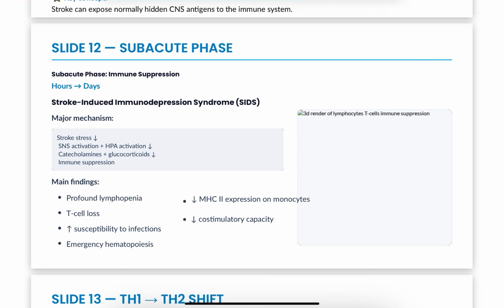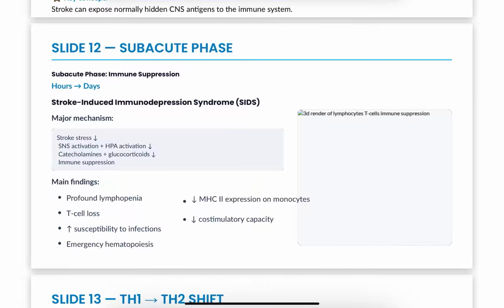At the same time, the body shows emergency hematopoiesis with increased production of myeloid cells. And the monocytes will show a reduction in the MHC class 2, which makes them less effective in presenting the antigen and providing the appropriate co-stimulatory signal.